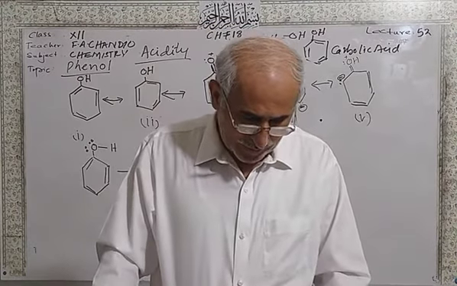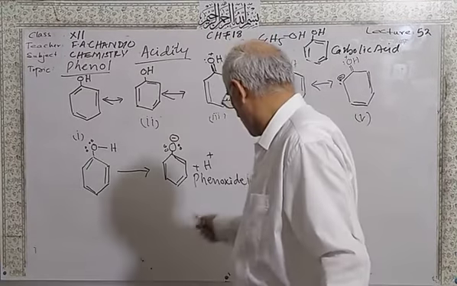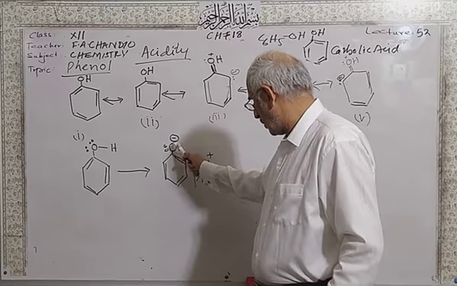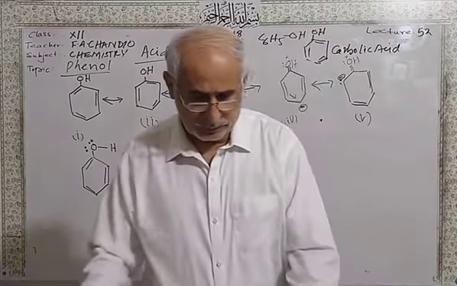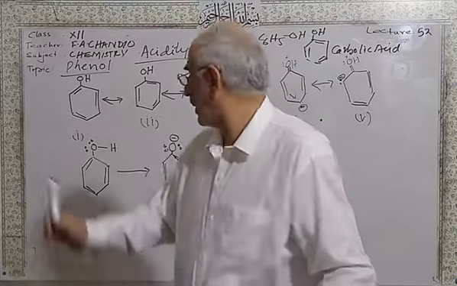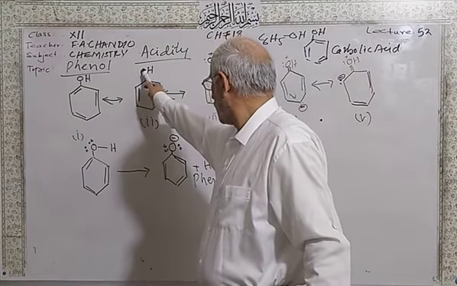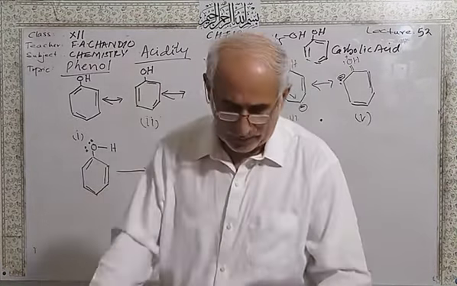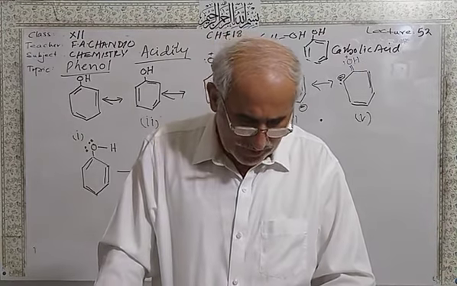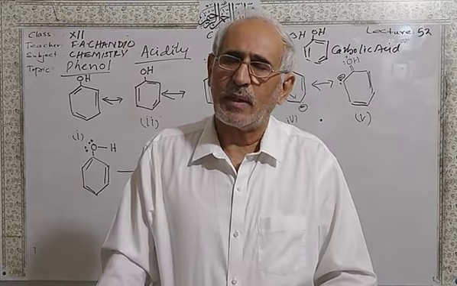So the carbon atom of C-OH in phenol is sp2 hybridized. C-OH is sp2 hybridized, which is more electron attracting. This is the reason.